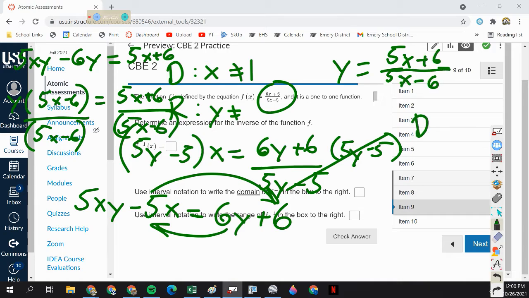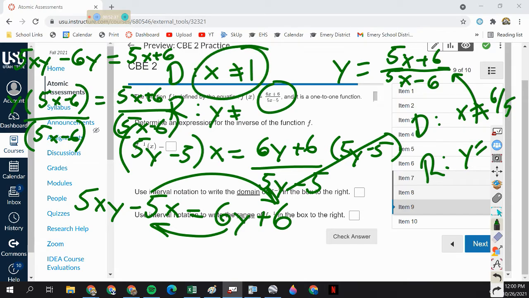So what is the domain of this function? X cannot be 6/5. What is the range of this function? We have to go back to the domain of the original. The domain of the original is x cannot be 1, but when you switch it over here, it becomes y cannot be 1.